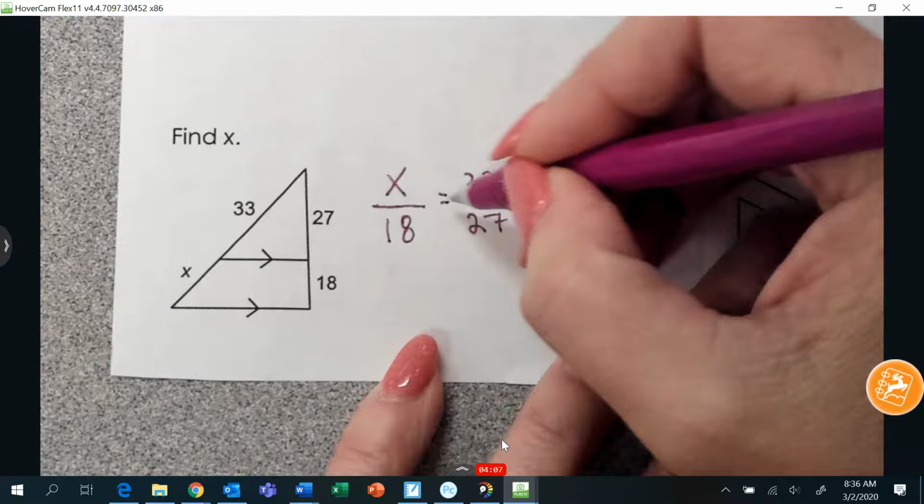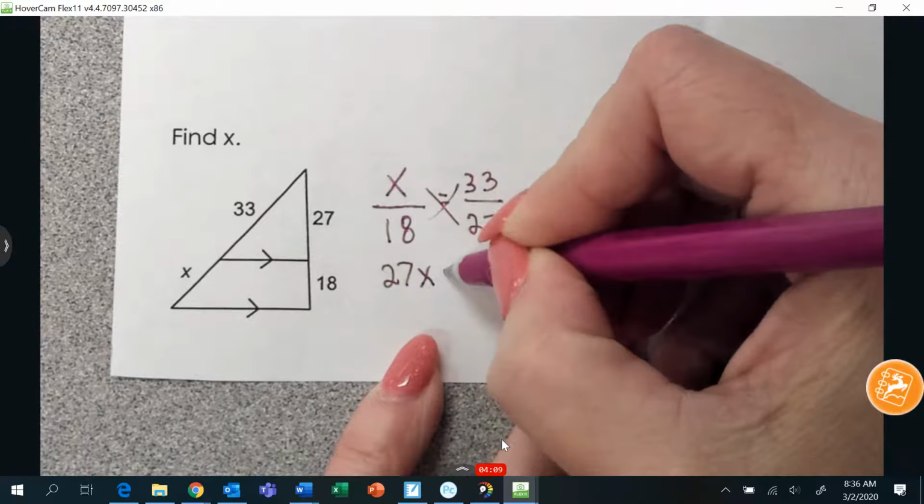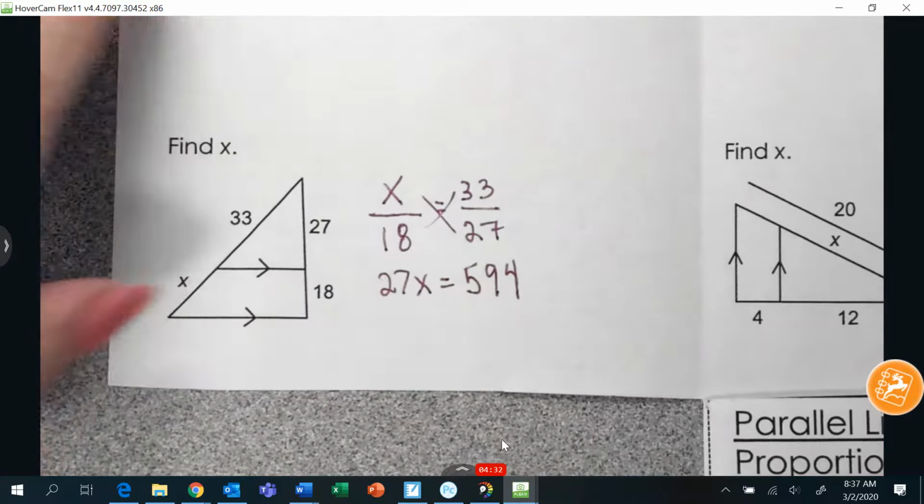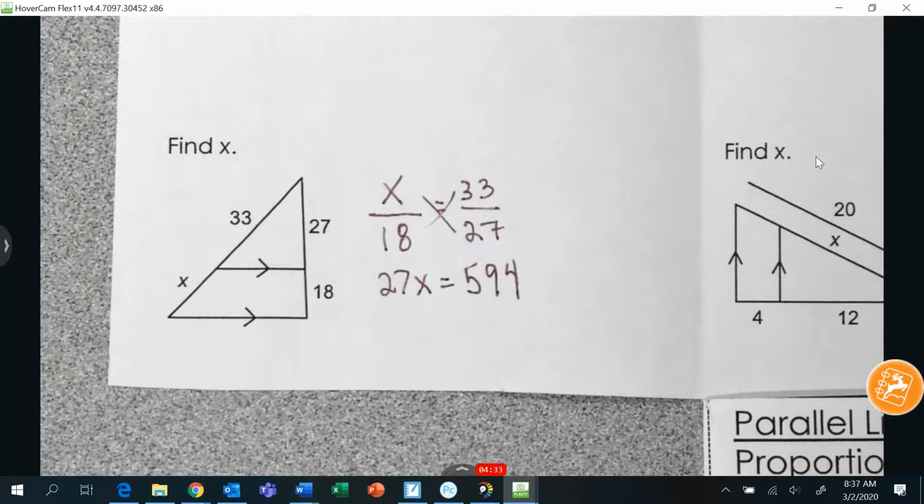Cross multiply. 27x equals, okay, I might take out my calculator. I said, can anyone do it in their head before I find my calculator? I'm sorry, John. It's 594. Okay.